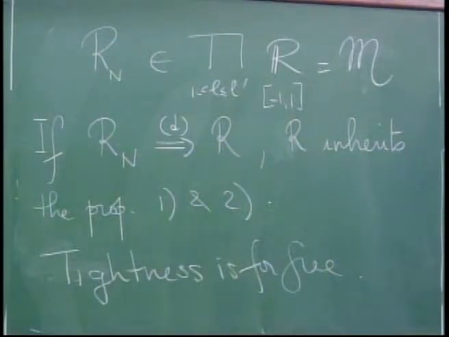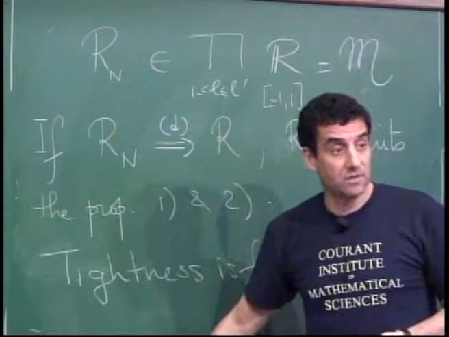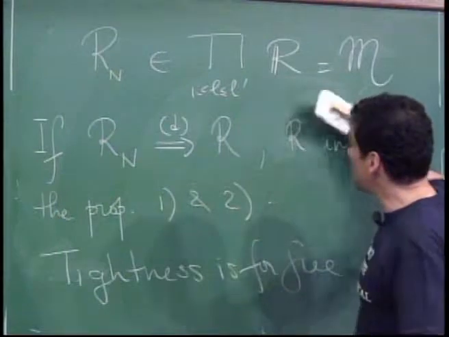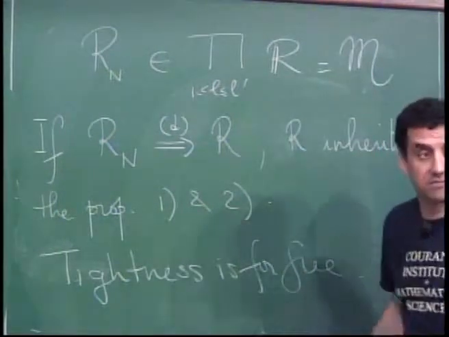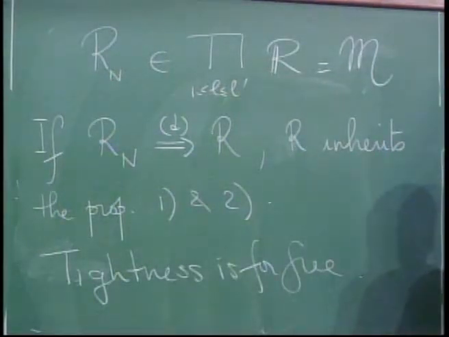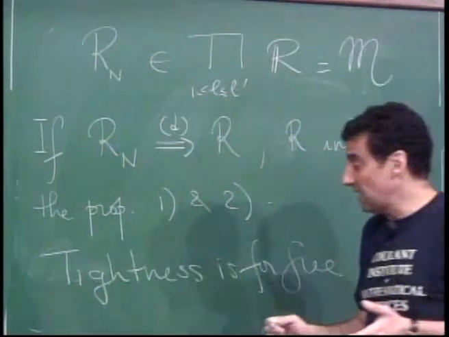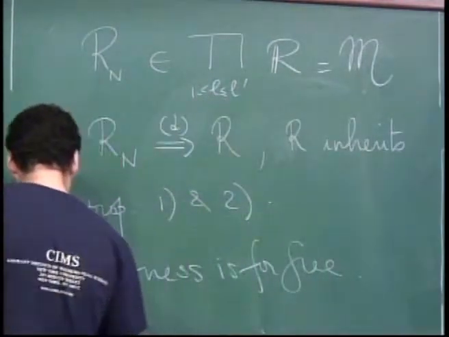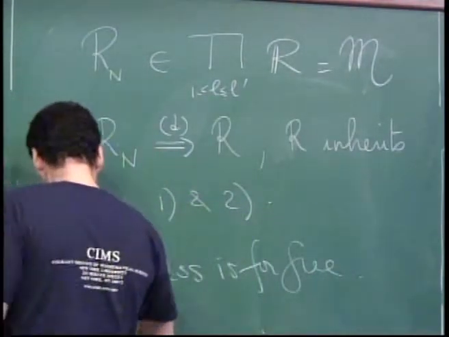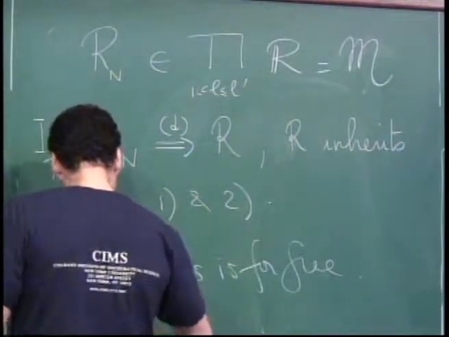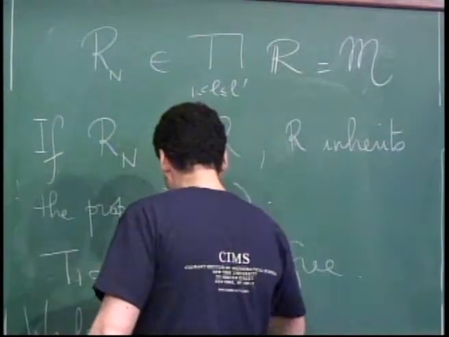The Rn live in a compact space. A product of compact spaces is compact, right? So there is no question of tightness, right? So the distribution of Rn on this big space is tight. So the only thing we have to understand now is this. So we could look at all the limit points.